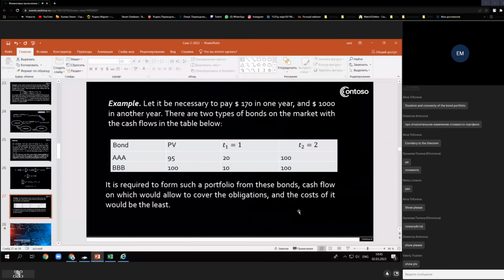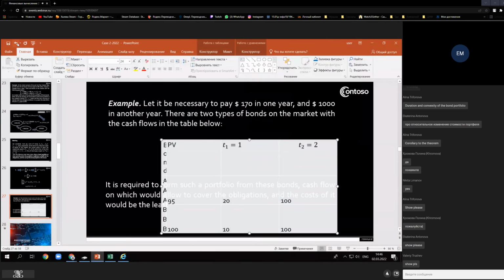We can also buy these 2 bonds with current prices of $95 and $100, and they provide us with this cash flow. The question is how to construct the bond portfolio so that it will cost as little as possible and will cover our 2 future payments. How to do it? Let's do it. It's not very difficult. Actually, it's absolutely easy.